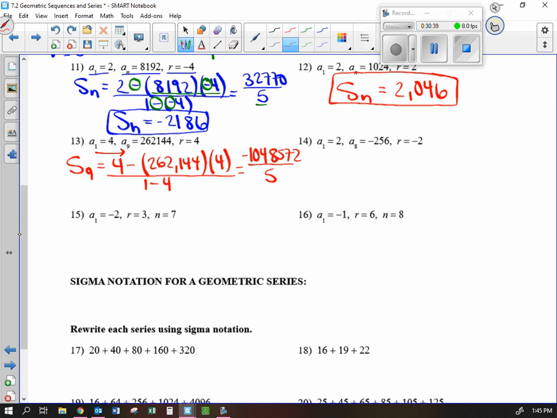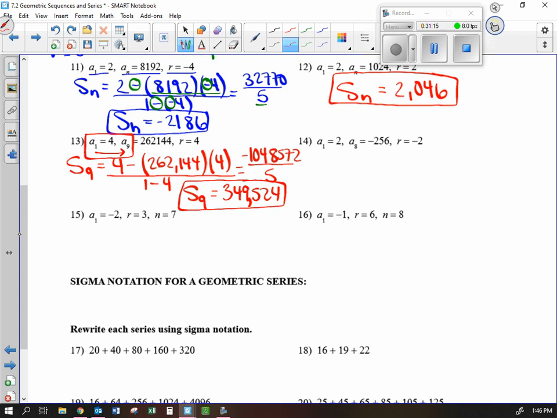And that value is going to get you S sub 9 equals 349,524. So that's the sum of all the terms from a sub 1 to a sub 9, all those terms in that series, those values all summed up.